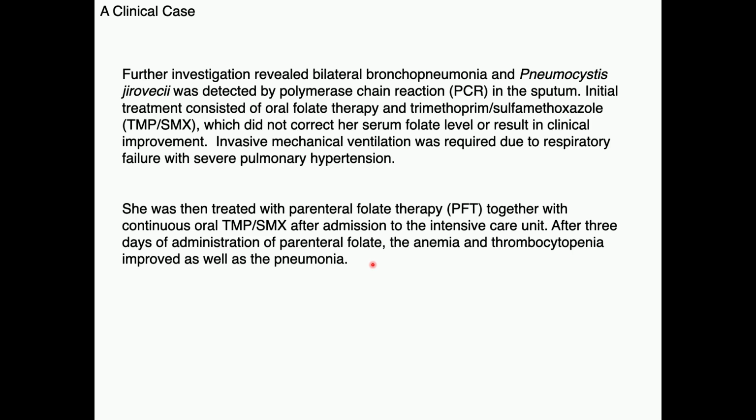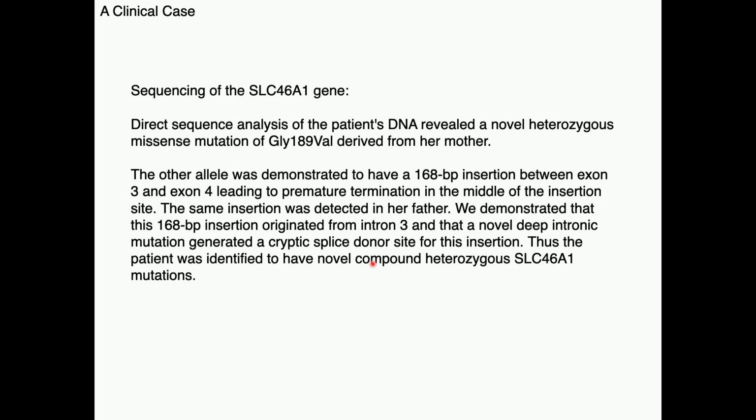Does that track well? Okay, so how does folate get absorbed from the gut? The PCFT, the proton-coupled folate transporter. And this is encoded by the SLC46A1 gene. Don't worry about remembering that.